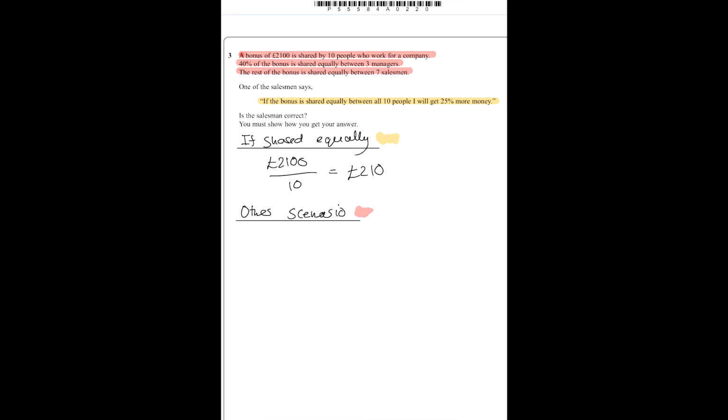Then we can say, well, 40% is shared between the 3 managers. We care about the salesmen. So that means we have 60%, which must be shared between the salesmen. And 60% of the total amount, we do 60 over 100 times 2100.